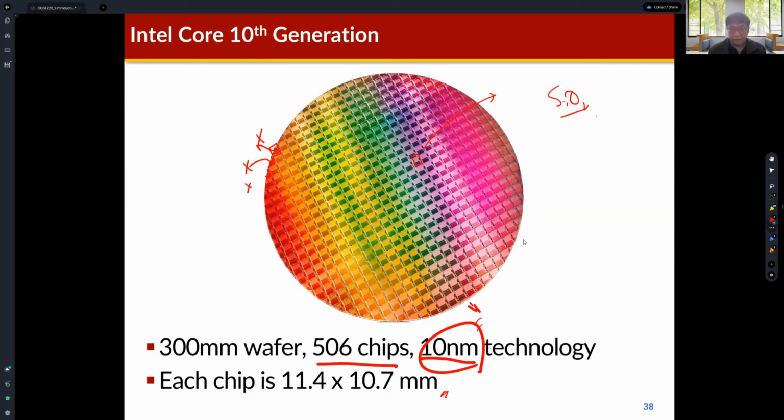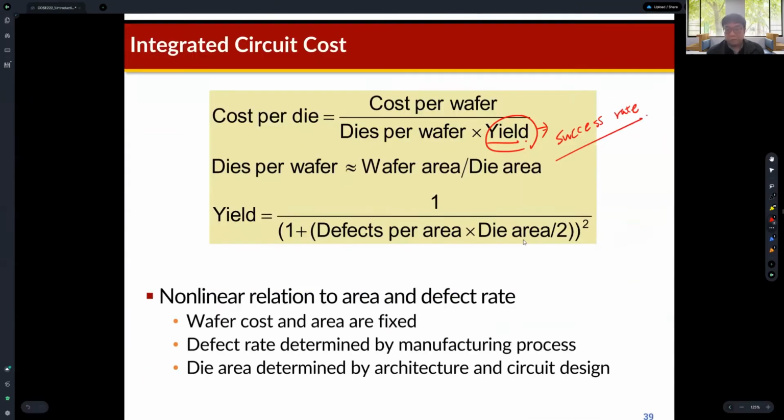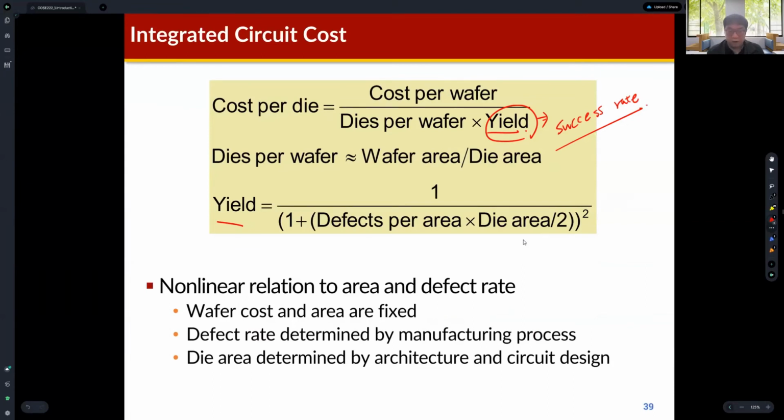So if any defects are included in this silicon wafer, then we cannot use this defective die. Okay, so yield is defined by this equation, but you don't need to remember it because this is just an empirical equation. That's the defect per area multiplied by die area. So this is the equation of the yield.